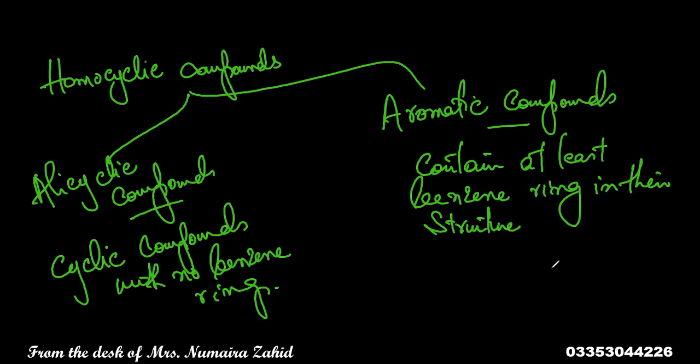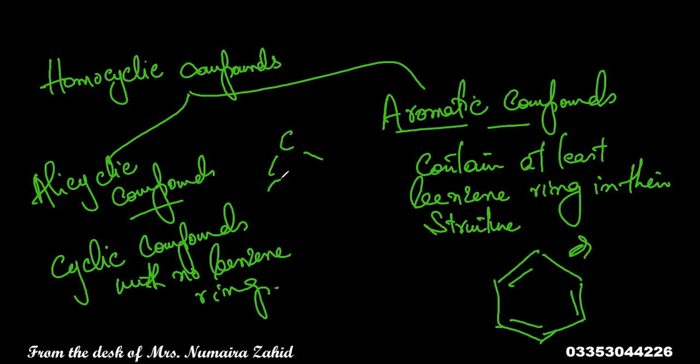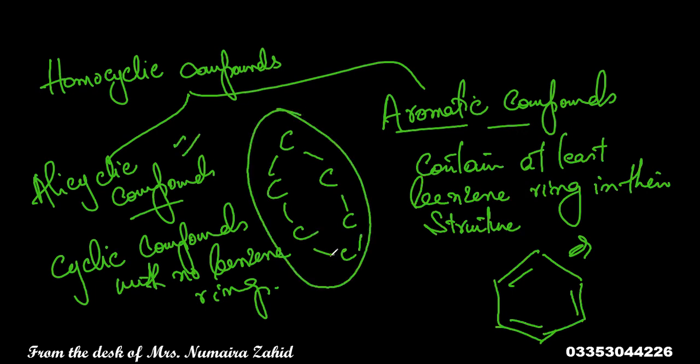Okay, so this is the speciality of benzene ring, that it has alternate double and single bonds. If any organic compound contains at least one benzene ring in its structure, it is called aromatic compound. And if the compound is simply a ringed structure, it is called alicyclic compound if it does not contain a benzene ring.